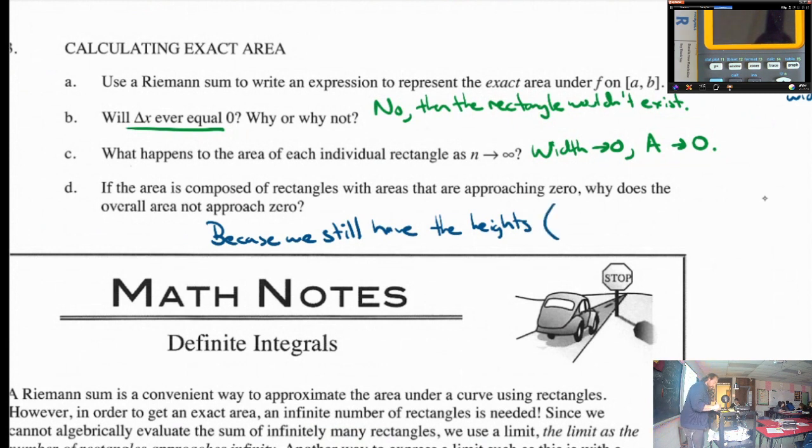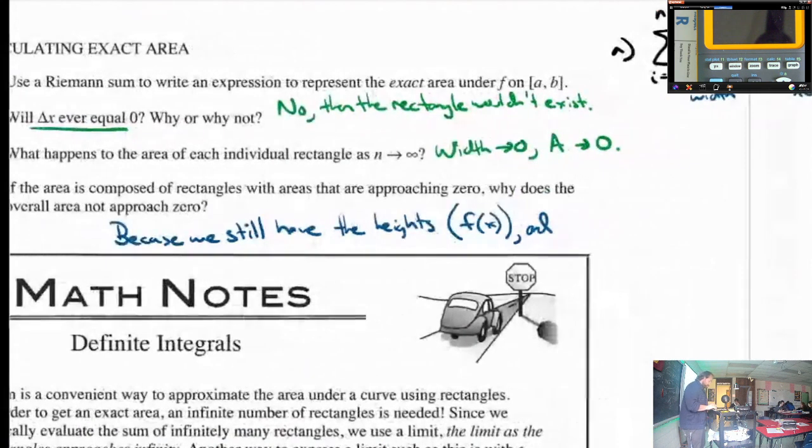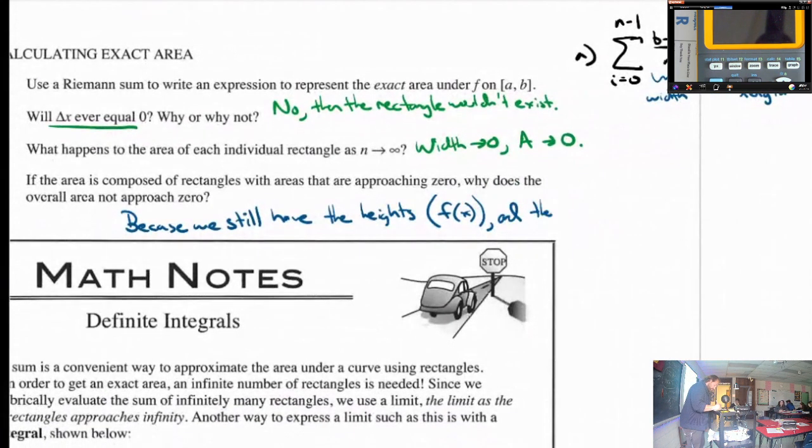In other words, the function values, the f of x's, and there's an infinite number of these rectangles that we're still adding up. There are still very, very many rectangles.